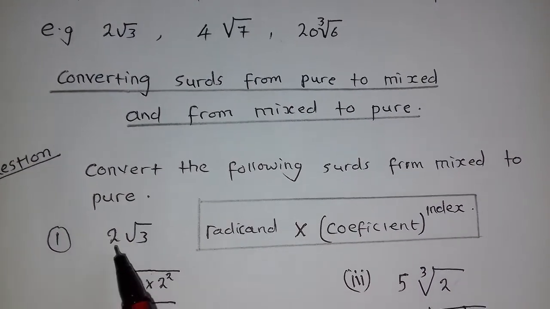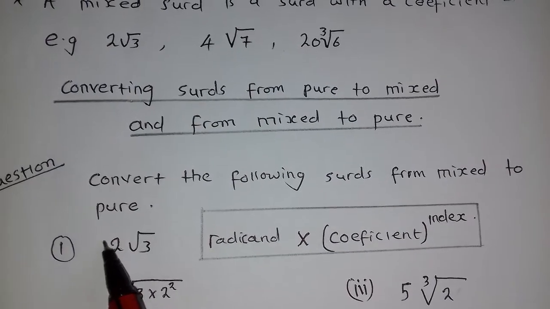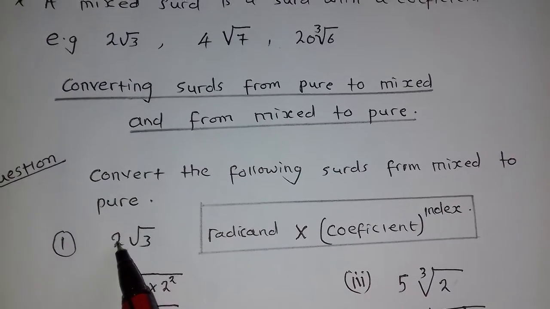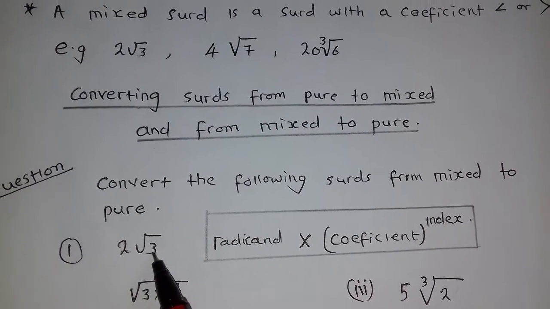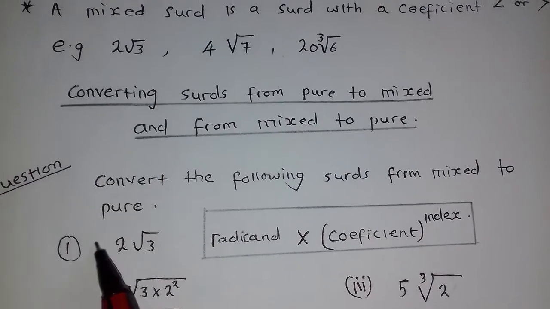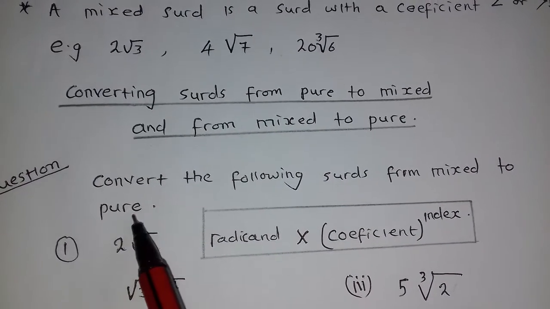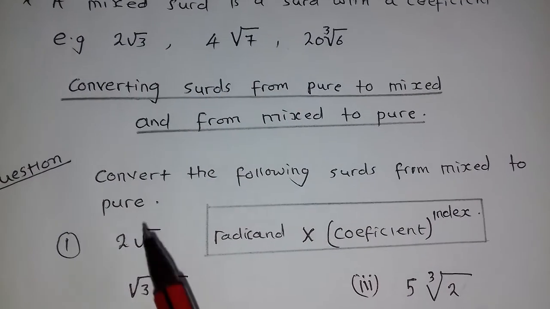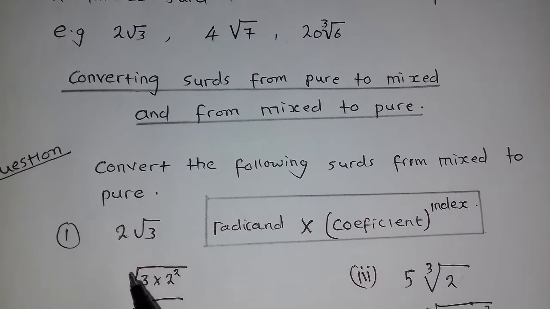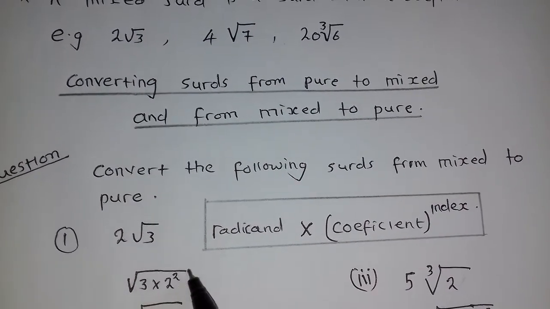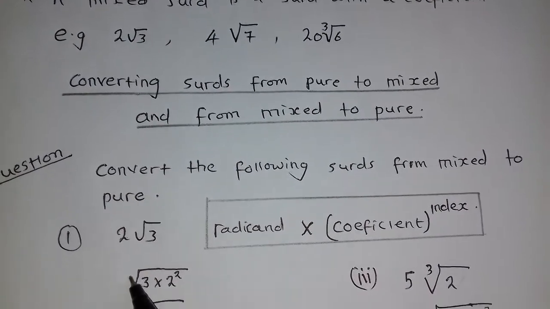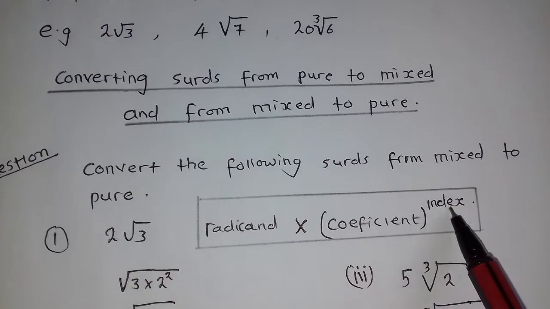Okay, so we are given a mixed SAD here. The coefficient is greater than 1. Yes. So we have 2 root 3. Okay, how do we convert this one to a pure SAD? So what we are going to do is this. We are going to write this radical sign, and we use this small formula here.